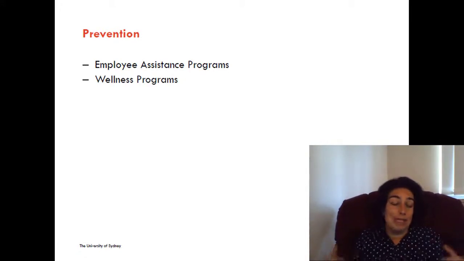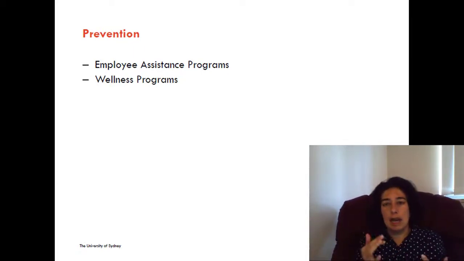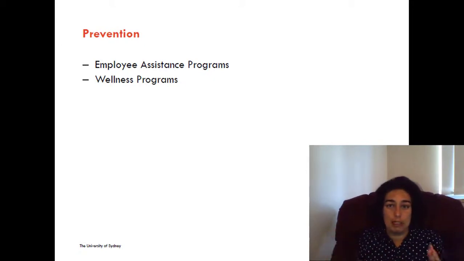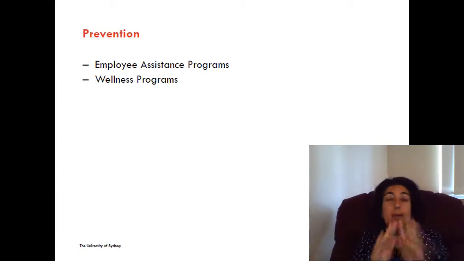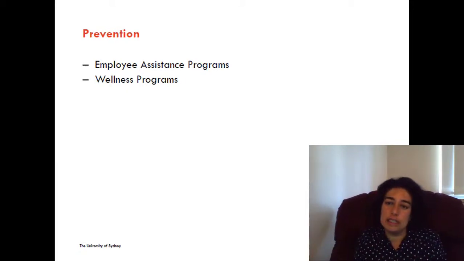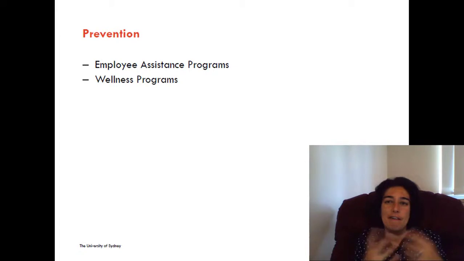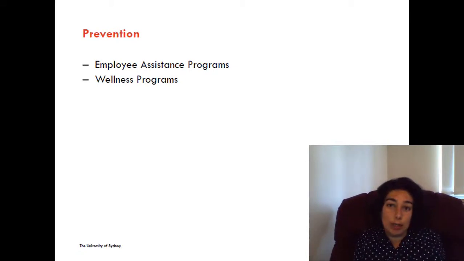Depending on the services that they provide, an EAP can provide things like substance abuse treatment, occupational stress management, emotional distress management, helping people cope with major life events like the birth of a child or different stressful things. It can help people with concerns about healthcare, or financial or legal concerns. Family or personal issues, right?